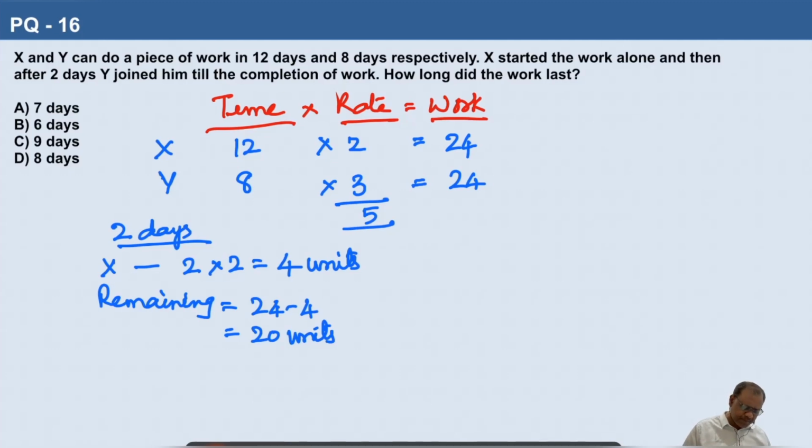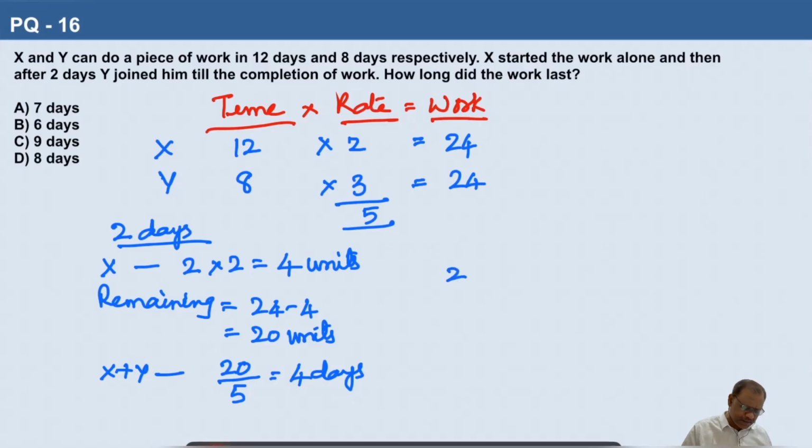So they can complete 20 by X plus Y. X plus Y, 20 by 5, that is 4 days. So X is working alone for 2 days and then X and Y together are working for 4 days.